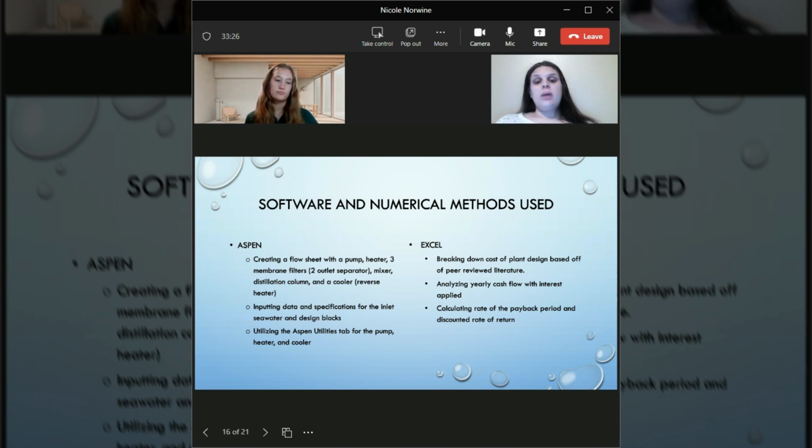We also input data and specifications for the inlet seawater and each design block, and we utilized the Aspen Utilities tab for the pump, heater, and cooler. In Excel, we broke down the cost of the plant design based off of peer-reviewed literature. We analyzed yearly cash flow with interest applied, and then we calculated the payback period and discount rate of return.